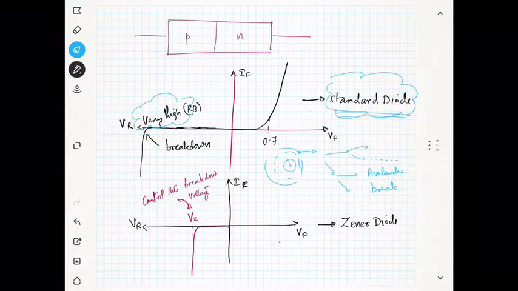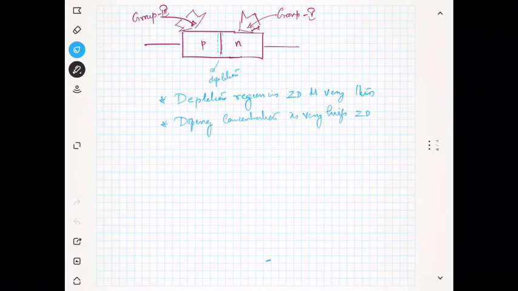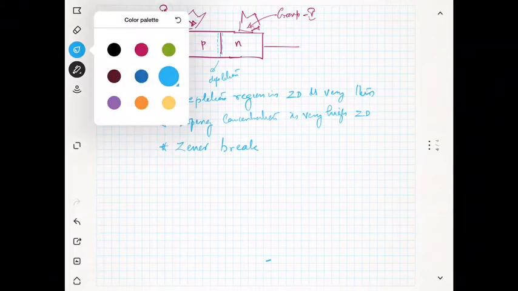But in Zener diode, we will call this phenomenon the Zener breakdown. What is the Zener breakdown? Because of the Zener breakdown, you will have a current during the reverse bias also.